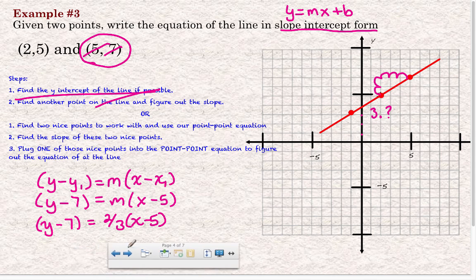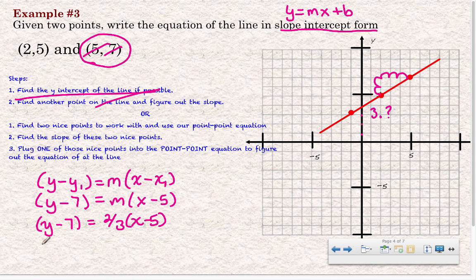All right, so now I just have to do some math. Ooh, fractions are our friends. 2/3 x, minus, well, 2/3 times 5 is 10/3. And since they want the equation in slope-intercept form, I've got to get my y alone. So that means I have to take that negative 7 and move it over to the other side.